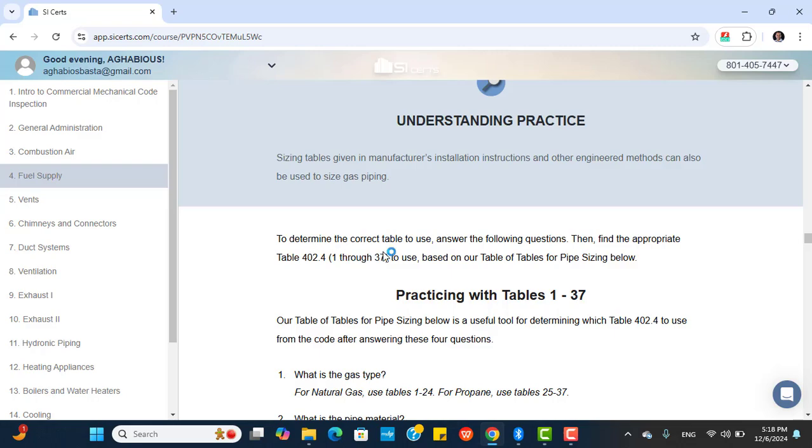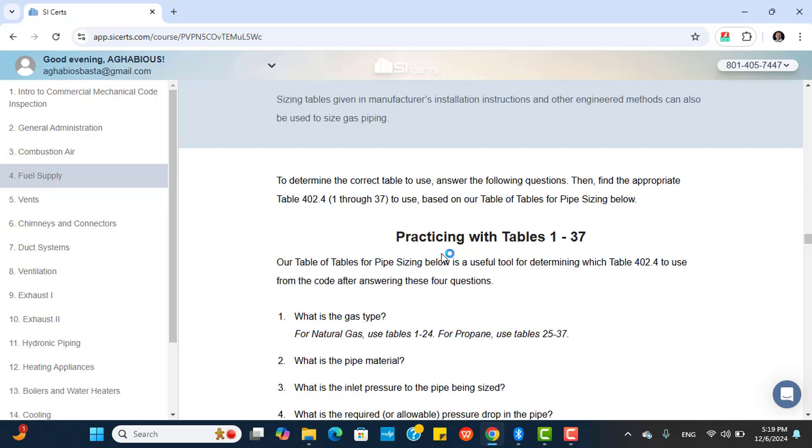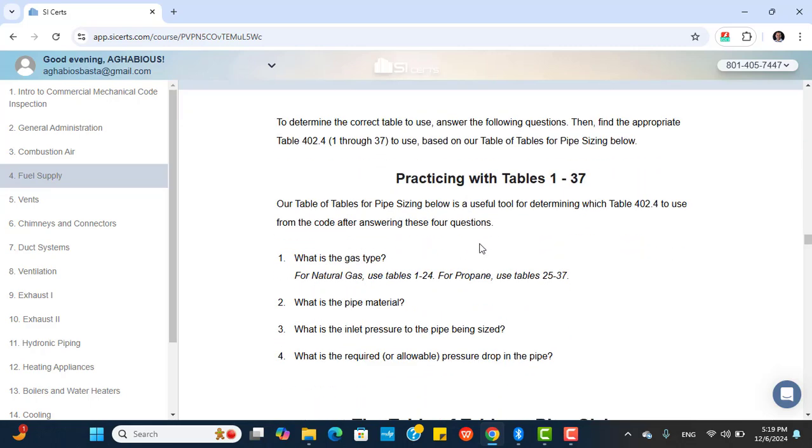To determine the correct table to use, answer the following questions, then find the appropriate table, 402.4.1 through 37, based on our table of tables for pipe sizing below. Our table of tables for pipe sizing is a useful tool for determining which table 402.4 to use from the code after answering these questions.